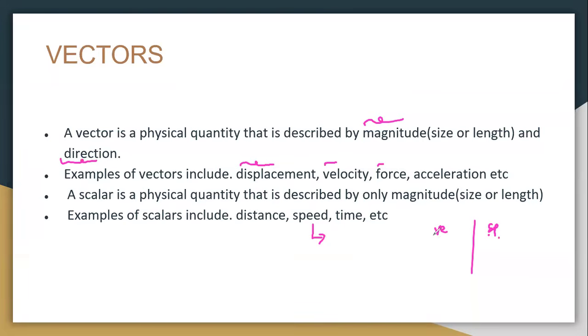When they talk about distance, you don't need the direction. So for anything scalar, when you read through the question and it involves a scalar quantity, what is very important is the magnitude. And remember, when you are giving this magnitude, do not forget to put the units in case the units are applicable.